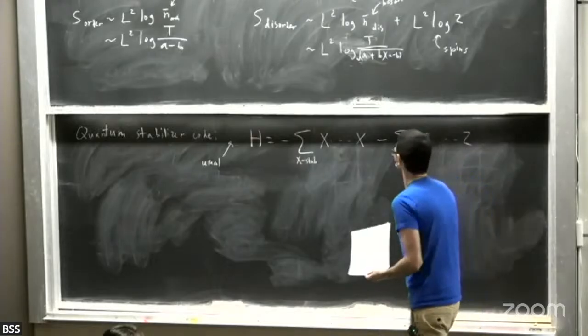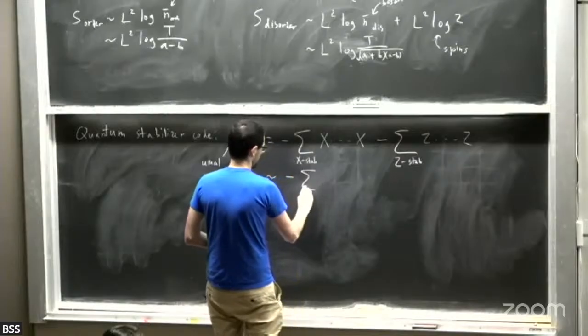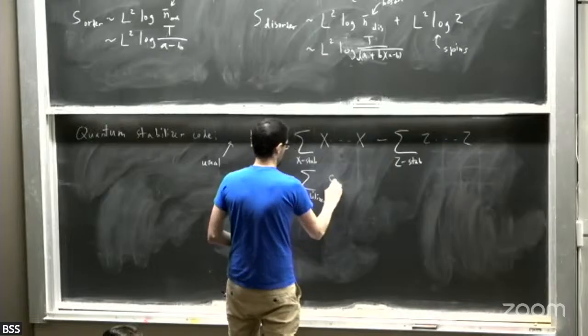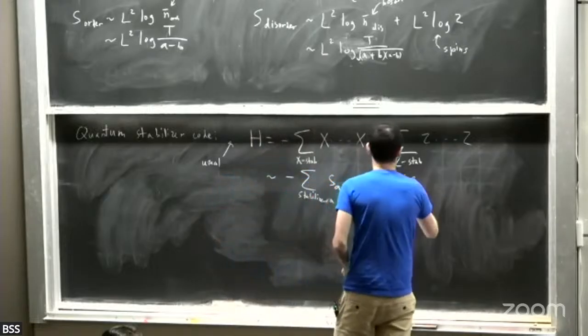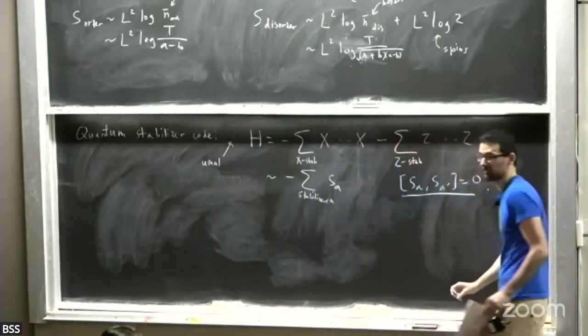Anyway, let me just abstract this away to minus the sum over stabilizers S_A, and these stabilizers are all commuting. This is very important for this trick, okay?